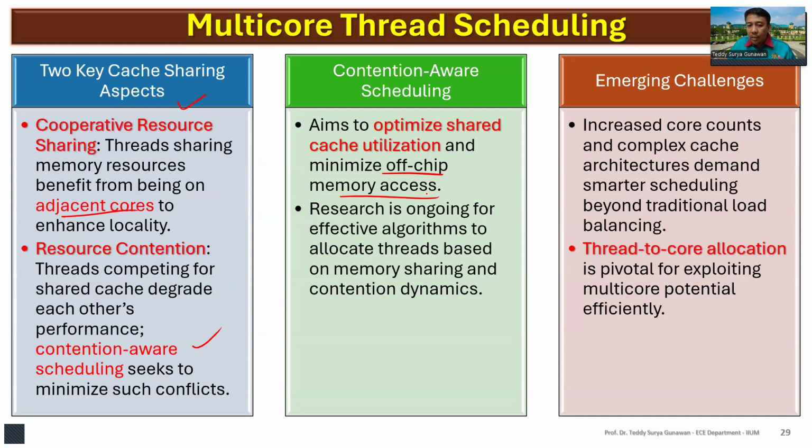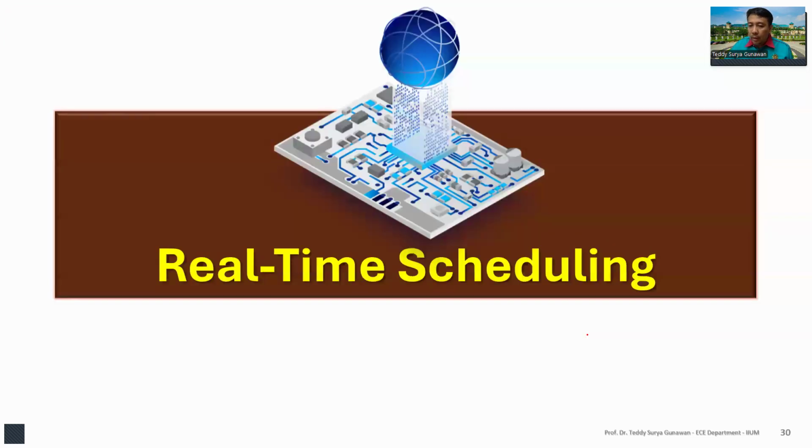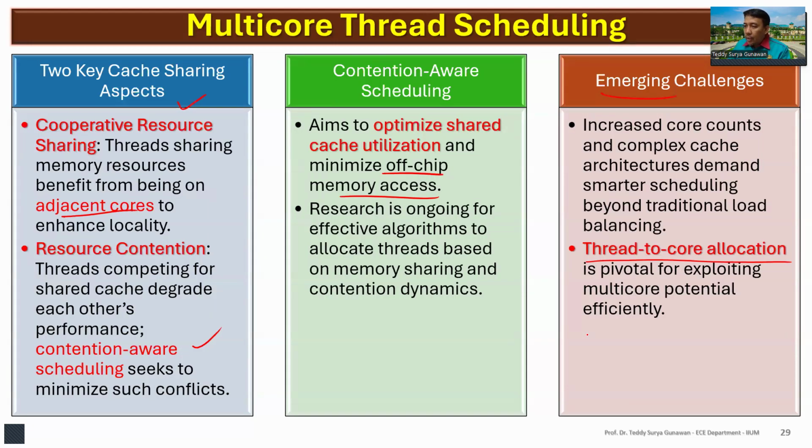This is another type of scheduling tailored to the multiple levels of cache and the architecture of the processor. So the emerging challenge will be thread-to-core allocation, how to allocate the threads to the cores. That will be the first part of this chapter.